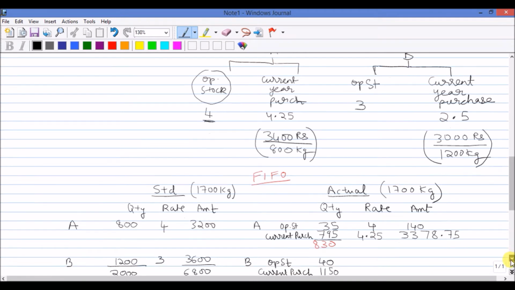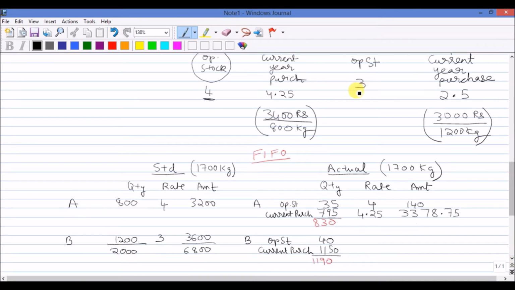Here we have 3 rupees and 2.5. So this will be 120. 1150 into 2.5 is going to give me 2875.